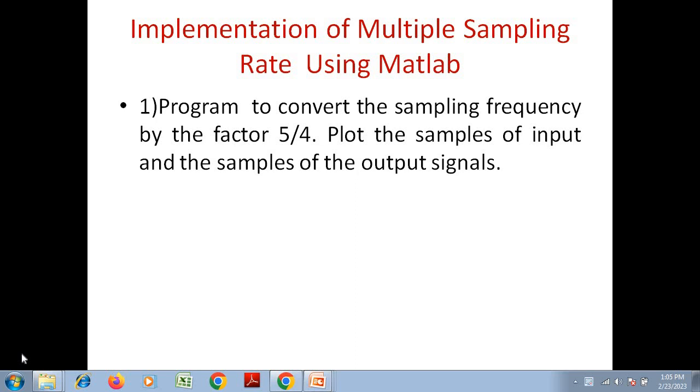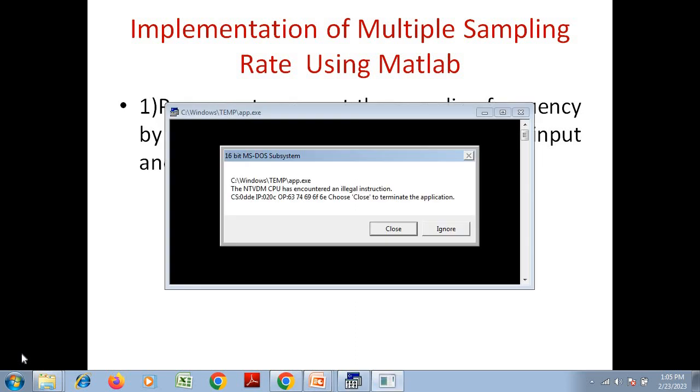And if the decimation and interpolation factors are co-prime, we can perform interchange and check the validity of the interchangeable property, to check whether the rational factors of I by D or D by I continue.